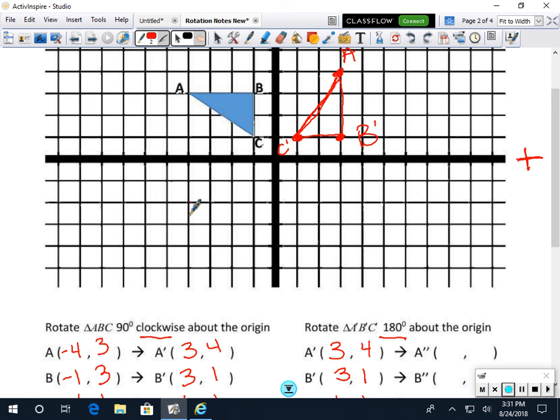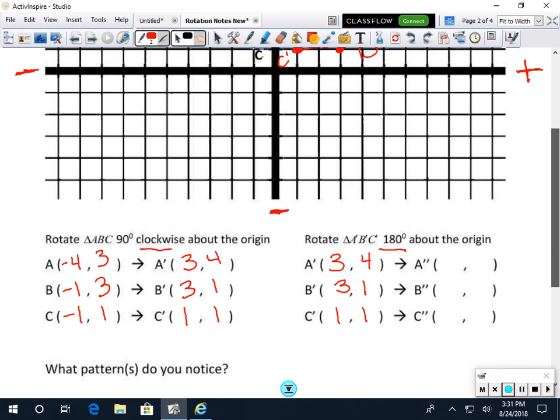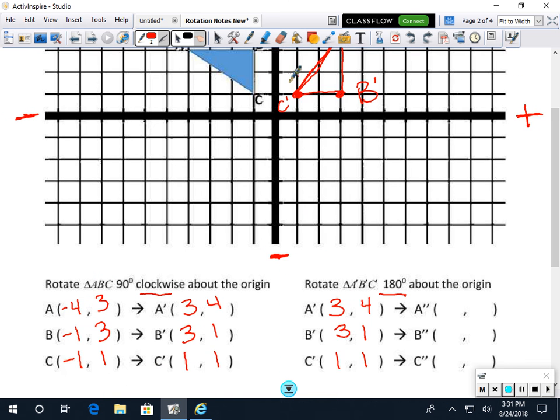All right. In this area here, I know that my x is negative and my y is negative. Okay, so since I've gone 2 times, I keep my x and y the same as far as the numbers, but I change the sign. So it will be negative 3, negative 4, negative 3, negative 1, and negative 1, negative 1.